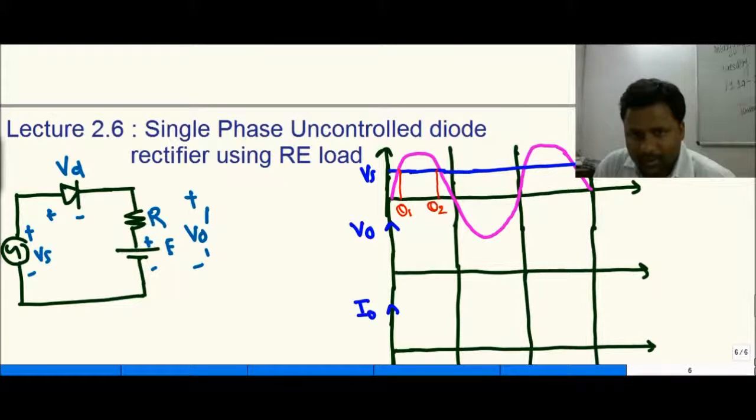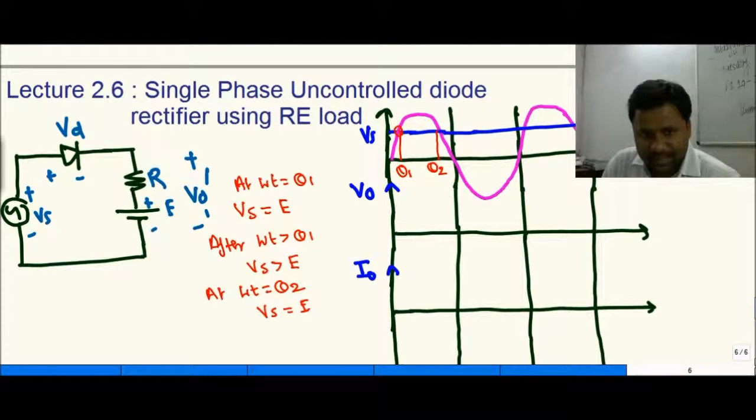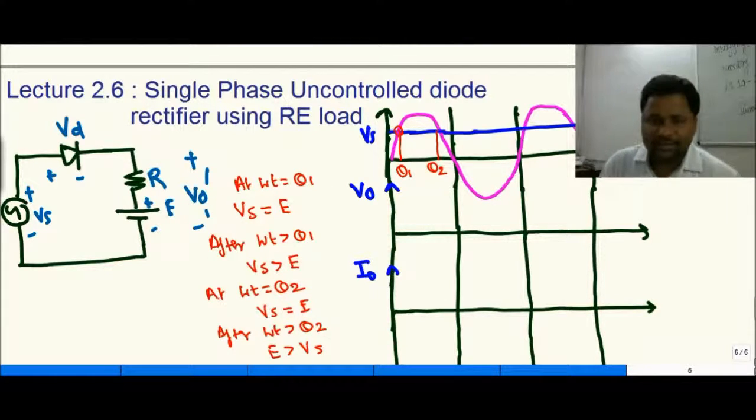At omega t equals theta 1, we can say that Vs is equal to E. After omega t greater than theta 1, Vs is greater than E. At omega t equals theta 2, Vs equals E, and after omega t greater than theta 2, E is greater than Vs. So these are the four conditions that we have to understand in case of the RE load.